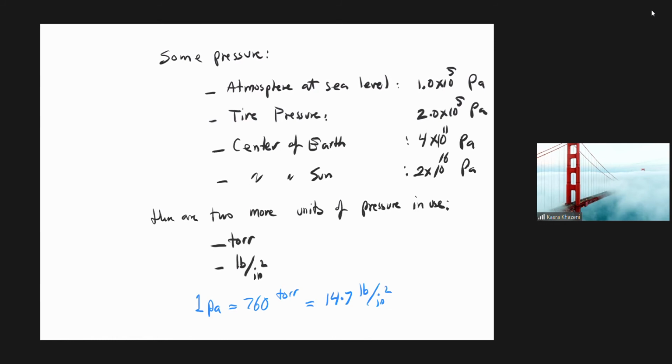And of course, you can create your own conversion factors using this blue line down there. All right. So that's pressure, and in order to measure pressure, all you have to do is measure force for a certain area, and then from it you can calculate the pressure. Now this is when the pressure is uniform. When it's not uniform, then things get more complicated, and we're not going to go over that.